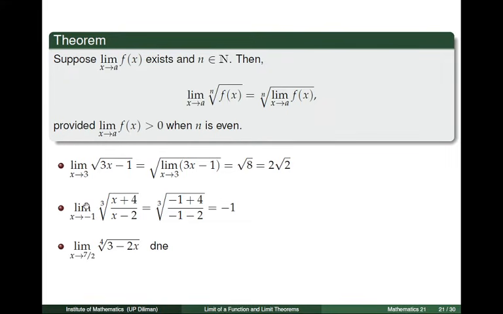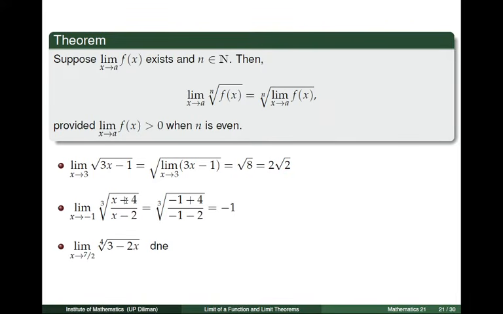For the next example, we want to consider a cube root. So in this case, taking the limit of the cube root, we don't need to check whether the limit of the radicand inside the radical sign is positive or not.